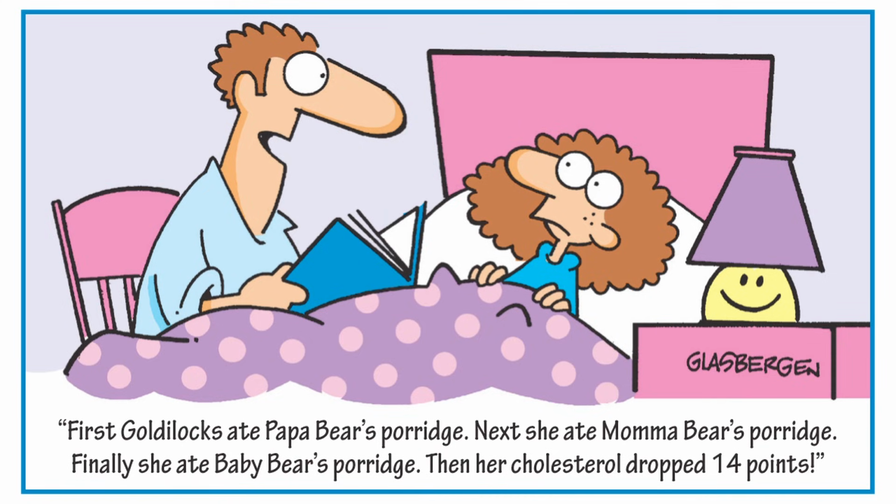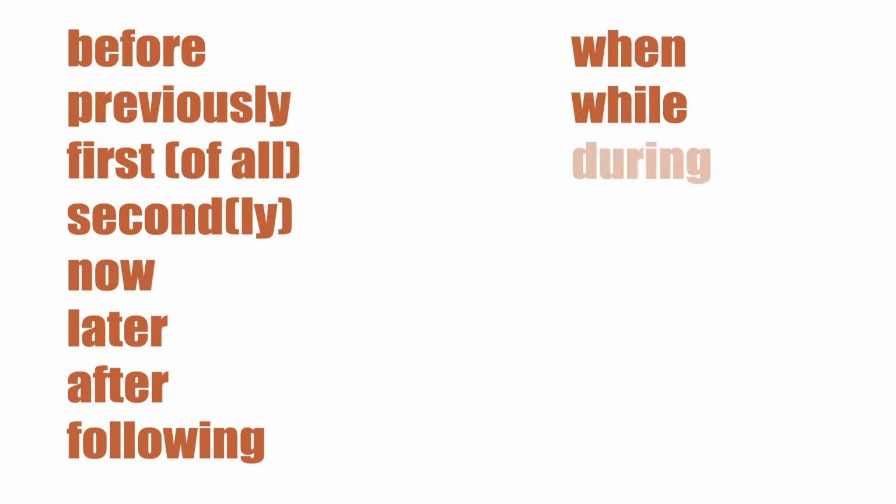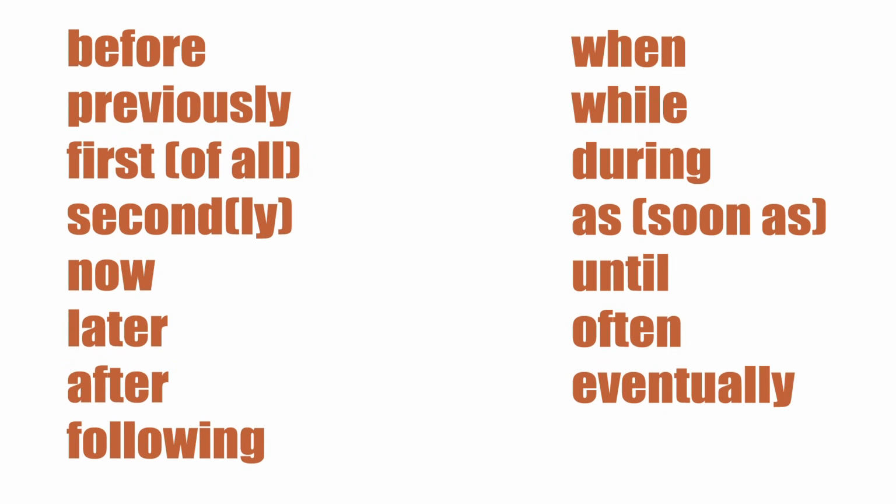Here are some other common words that show time. Before, previously, first or first of all, second or secondly, now, later, after, following, when, while, during, as or as soon as, until, often, eventually, last or last of all.